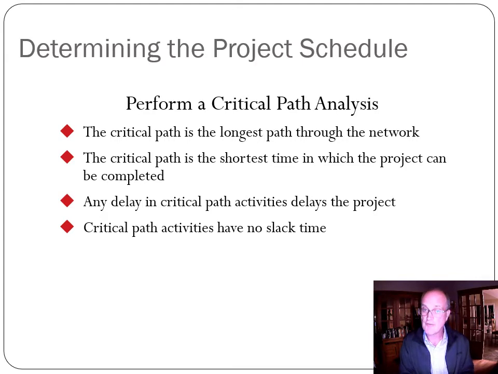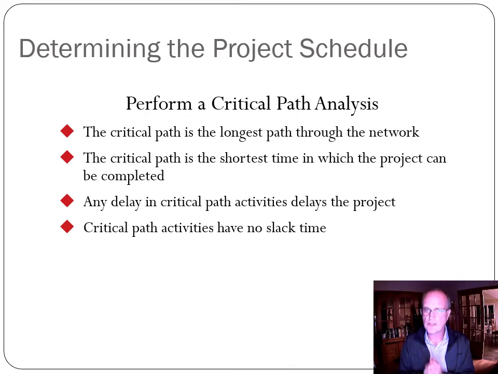So if any activity on that critical path takes longer than is planned, it lengthens the project. So the longest path is the shortest completion time for the project, and it's called critical because otherwise the project can't get finished on time. Any delay in the critical path delays the project.